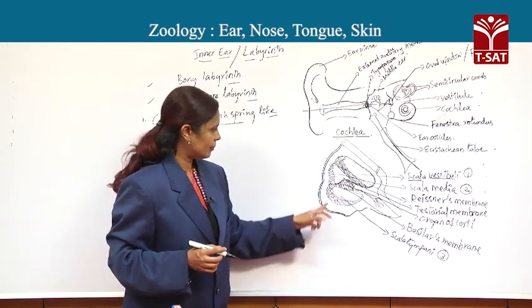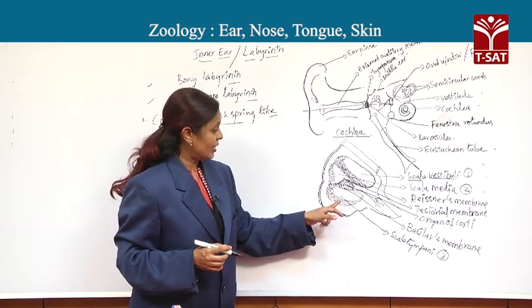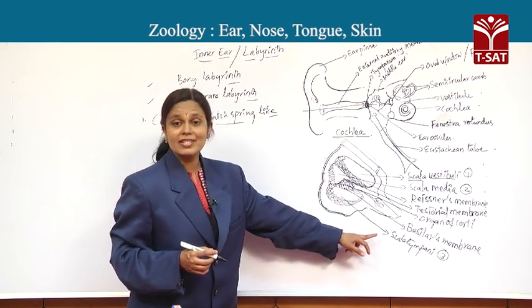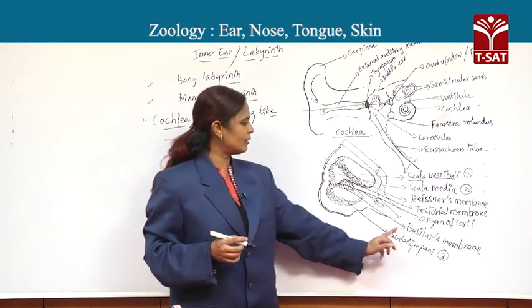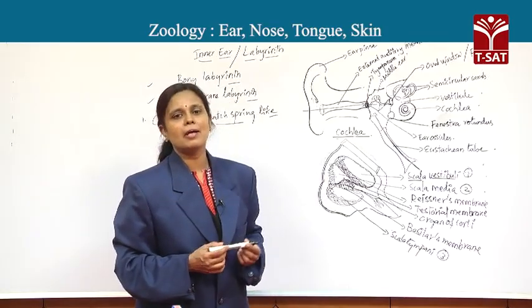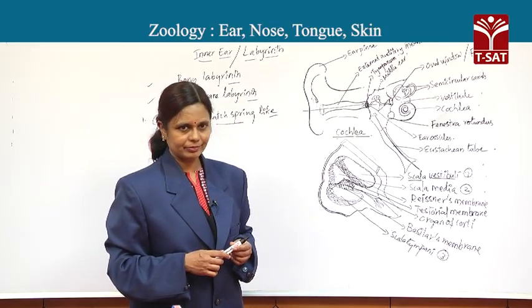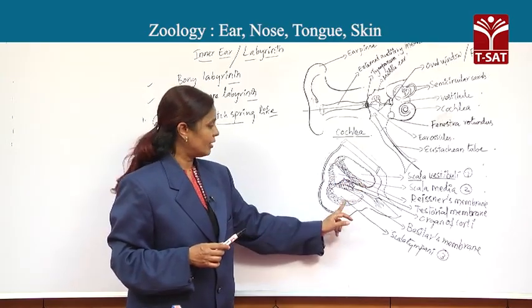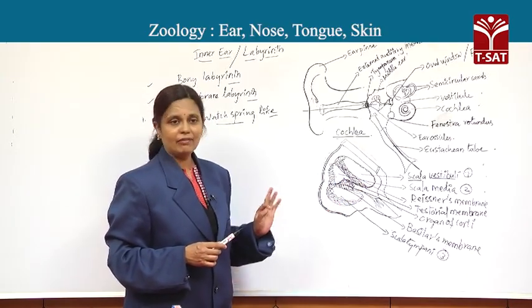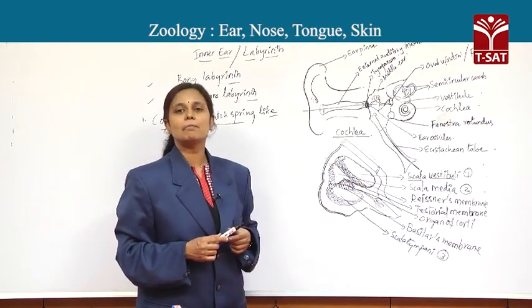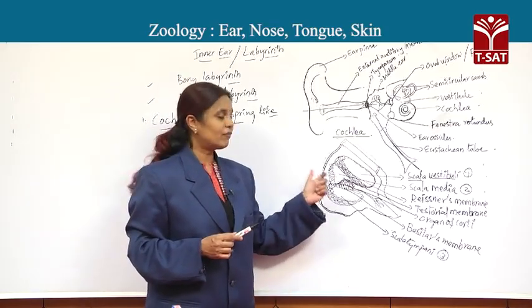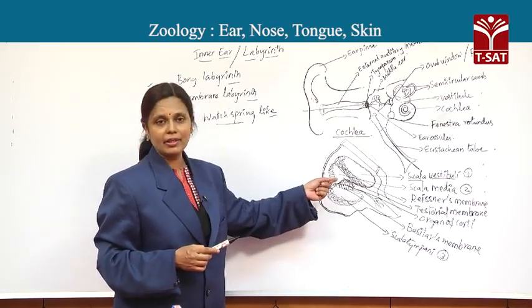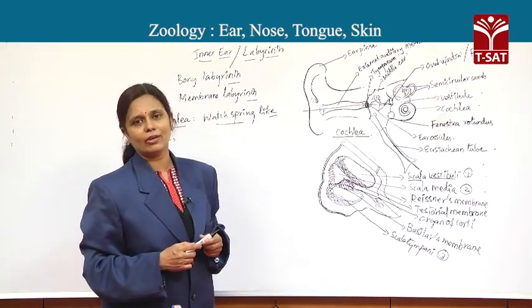The same way, scala media is separated from the lower scala tympani by another membrane partition called Basilar's membrane. Now, out of these 3 tubes, vestibuli and tympani are filled with a fluid called perilymph, whereas the fluid present in the media, you call it endolymph.